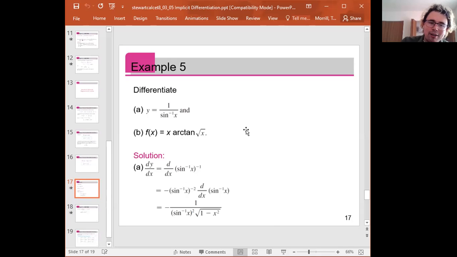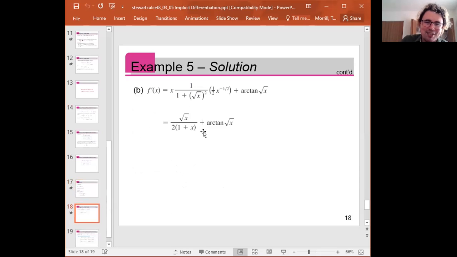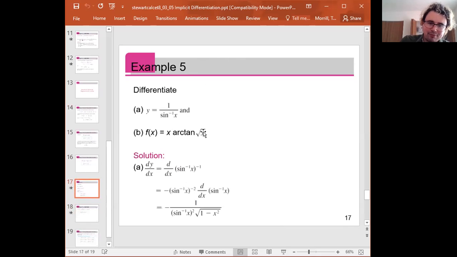Let's calculate this other one. What is the derivative of x times the arctangent of the square root of x? So here they're playing ball. They're playing my game. They're using the arctangent notation. Well, this is going to be a product rule, first of all. Right? I've got the product of two different functions. The first of them is x. The second of them is arctangent of the square root of x.